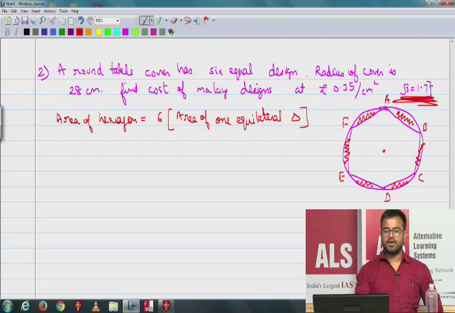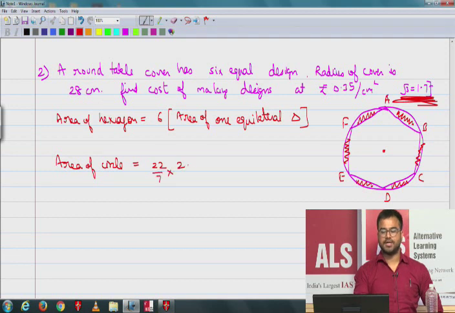First of all, area of circle, radius is 28. So area of circle is pi r square. So pi is 22/7 and radius 28 into 28. So just calculate this one.